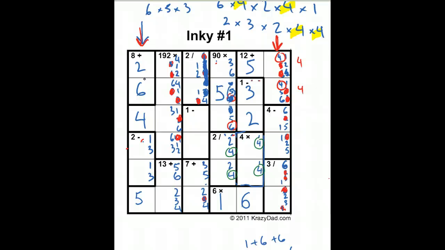Now back to what I was saying earlier about my cool trick. If a 4 has to go here, then I know I need a 3, because 5 plus 4 plus 3 is the only option that works. And because I have a 3 here, this 3 is still good over here. I shouldn't have crossed it out. This is the only possible 3 in that cell, so I know this has to be a 3 and this has to be a 4.